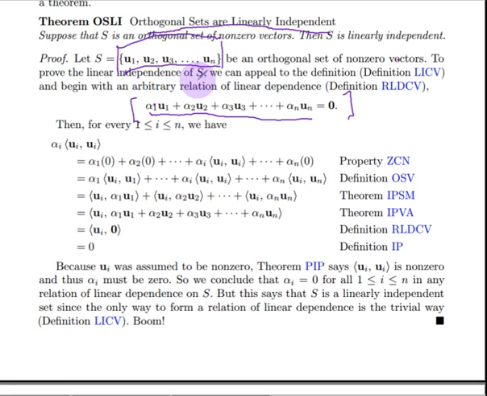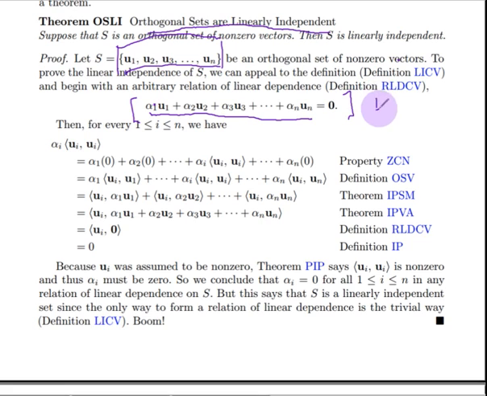So if I take the inner product of this linear dependence with u1, then I'm going to get alpha 1 times u1 inner product u1, all the other terms are 0.